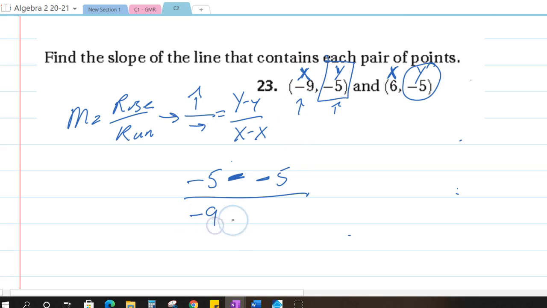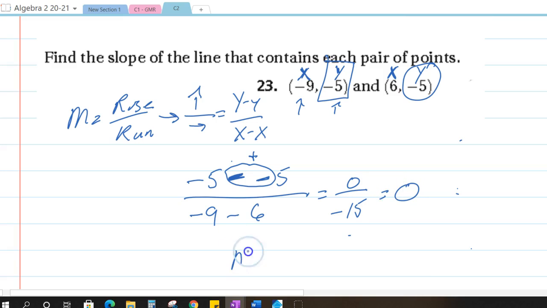Negative 9 minus 6. Now do the simple math. Two negatives make a positive. Negative 5 plus 5 is equal to 0, divided by negative 9 minus 6, which is negative 15. 0 divided by any number is 0. So our slope is equal to 0, which means this is a horizontal line.